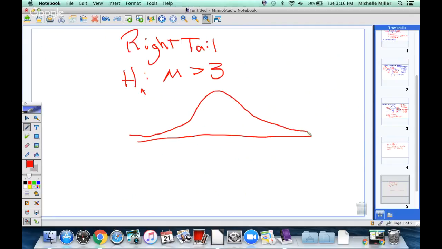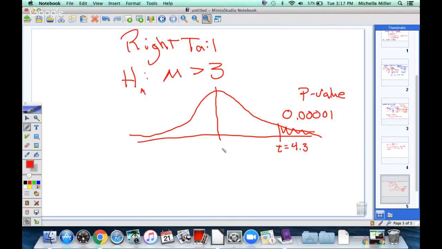Sometimes people change their minds on the fly when they're doing these. So I found a t-score of about 4.3-ish. The tail probability was 0.00001. It's still a wicked small probability.